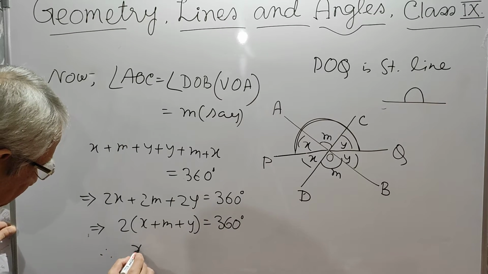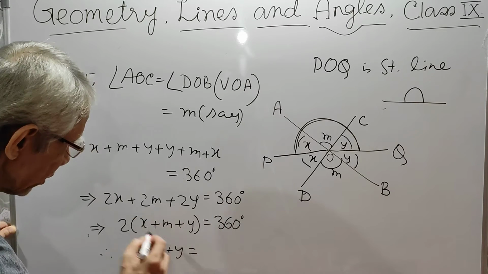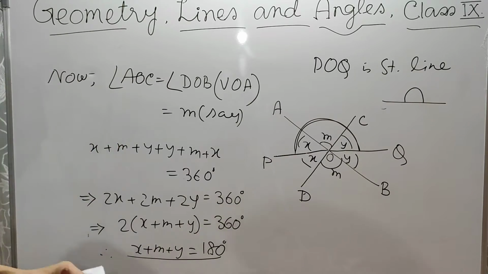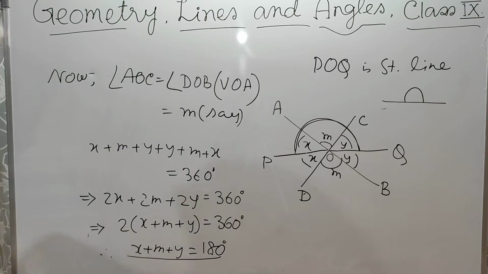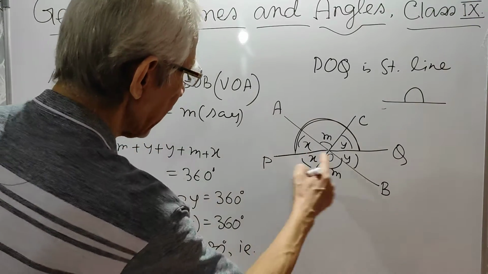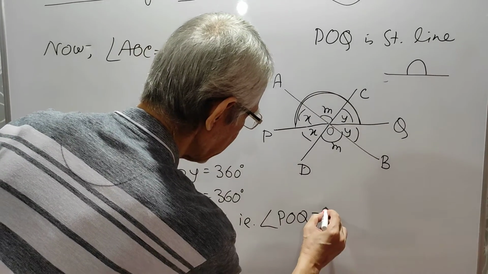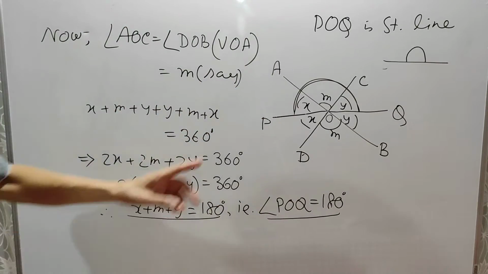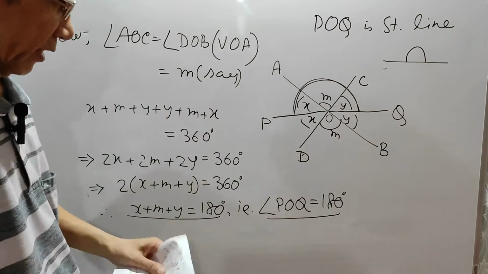X plus M plus Y equals 360 by 2, that is 180 degrees. So what have we got? X plus M plus Y, these 3 together are 180 degrees. That is which angle? Angle POQ. So angle POQ equals 180 degrees. So we have proved POQ is 180 degrees. So therefore POQ is a straight line.